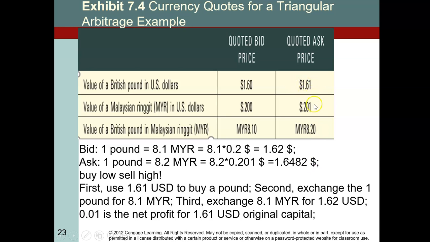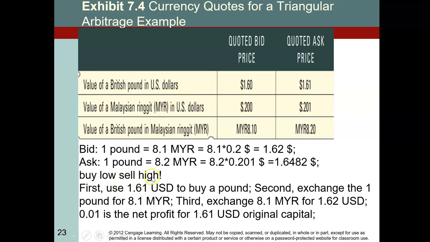So if we use the exchange rate between MYR and US dollar, and the cross exchange rate between pound and MYR, we can sell at a higher price while we buy at a lower price using the exchange rate between pound and dollar.